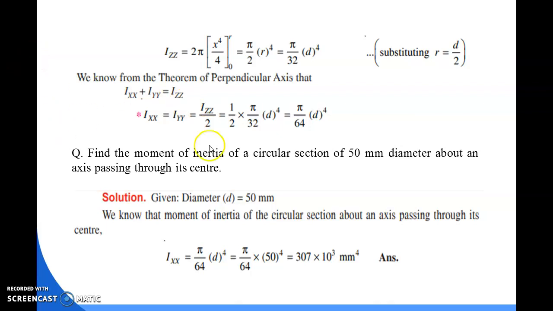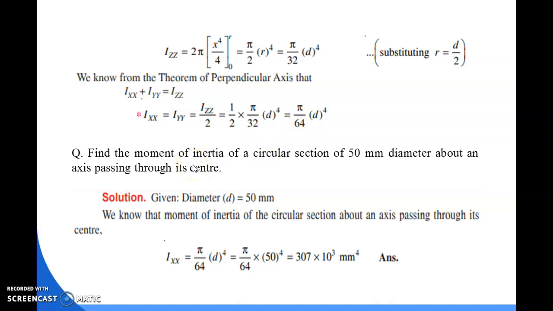Hence, the moment of inertia along the XX axis and YY axis is equal for the circular section, and the formula is pi d⁴ by 64.